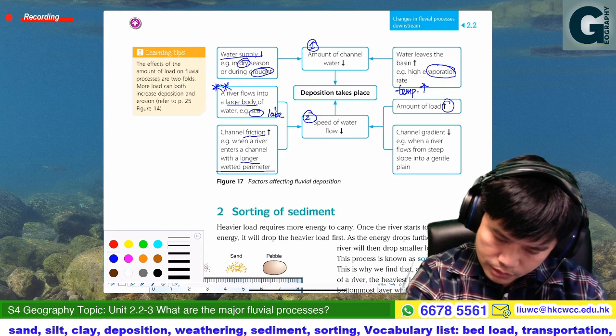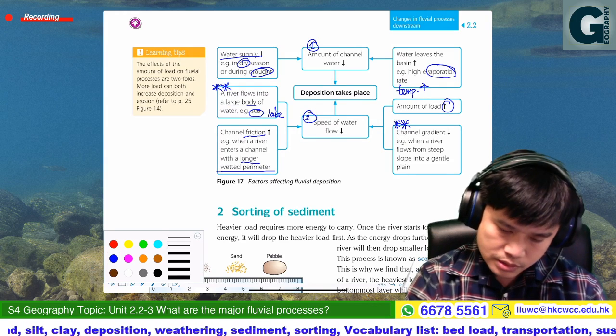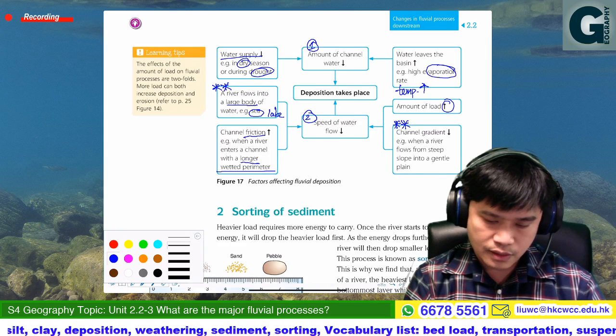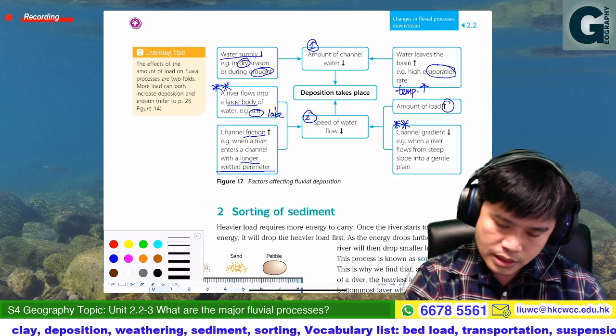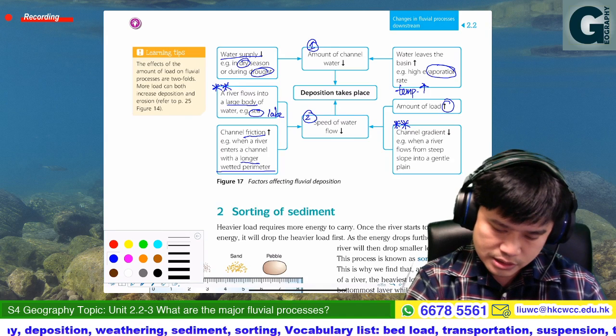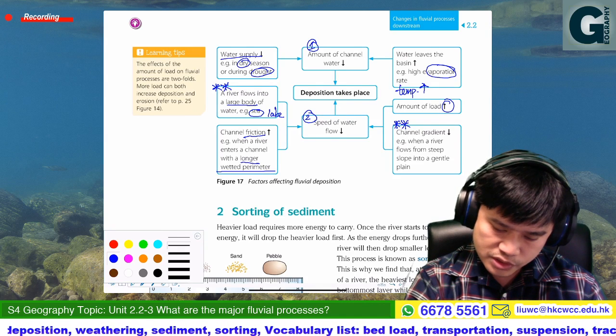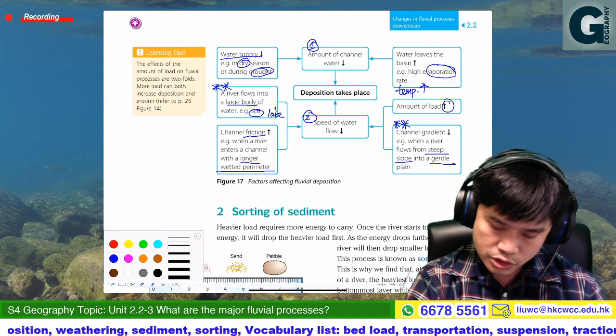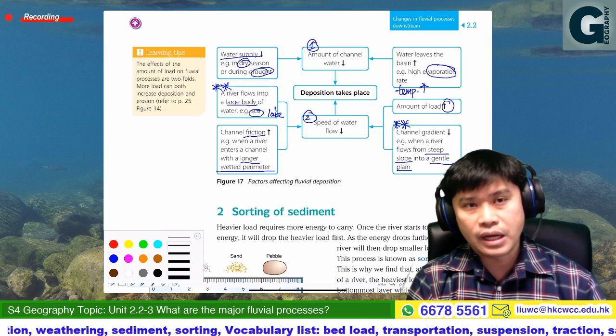And the last one, you also have to mark a star: when the channel gradient drops, such as when a river flows from a steep slope into a gentle plain. What does that mean?